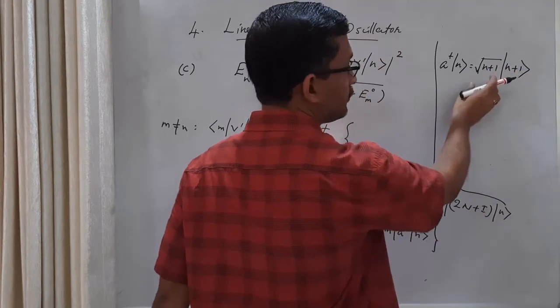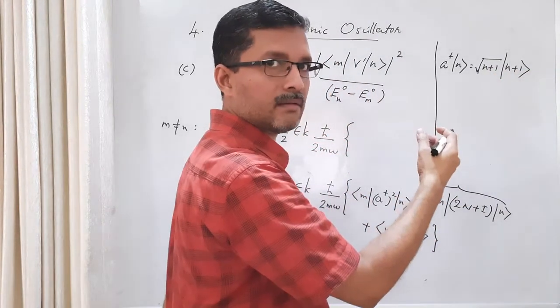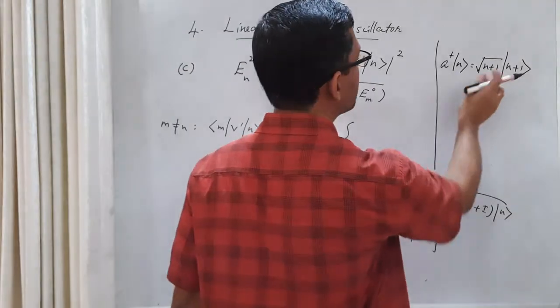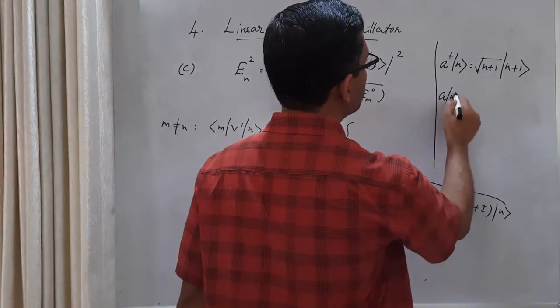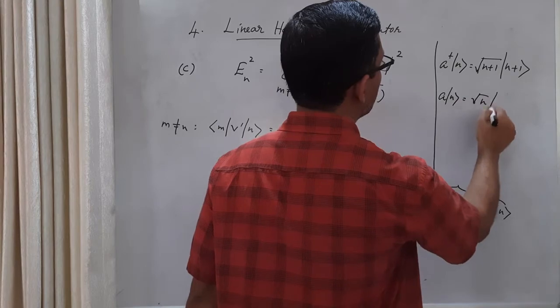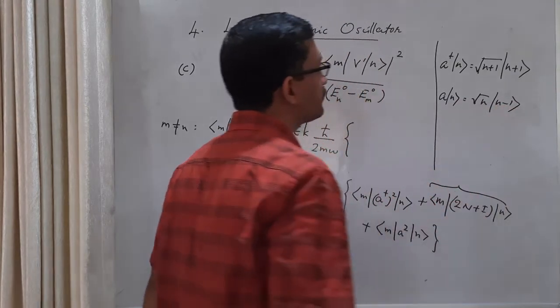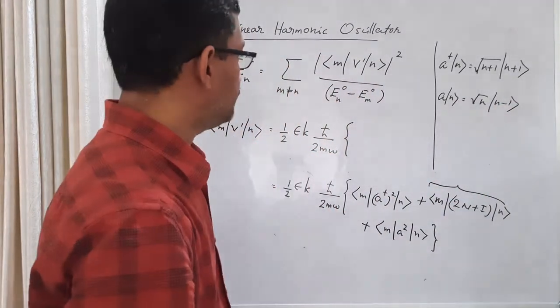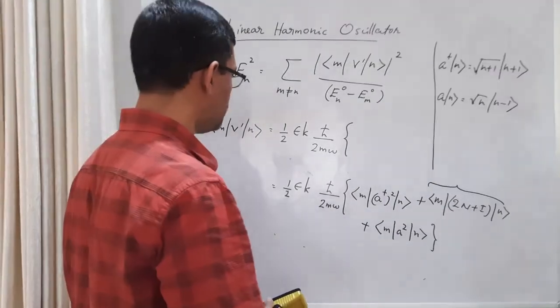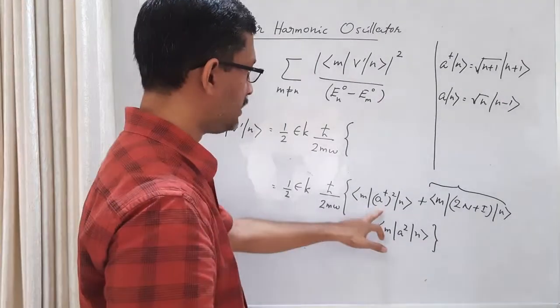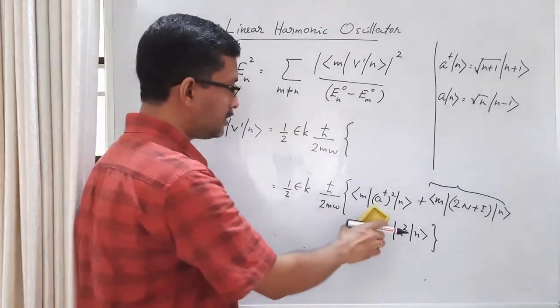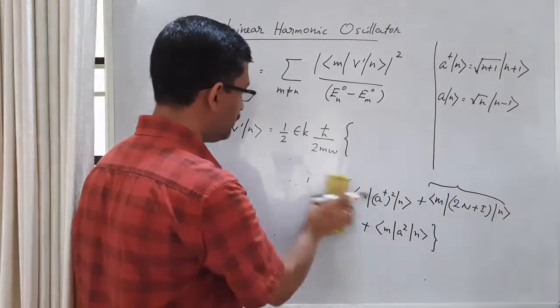This is the scale factor we will get. Similarly, when a acts on ket n, what you get is root n ket n minus 1. Remember that there is an a dagger square, there is an a square.